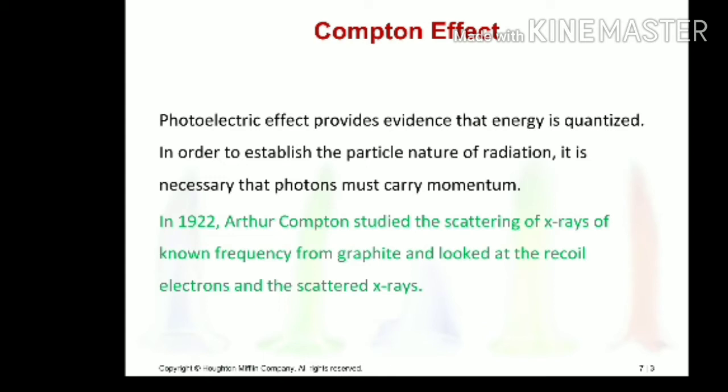So, in 1922, Arthur Compton studied the scattering of X-rays of known frequency from graphite and looked at the recoil electrons and scattered X-rays.